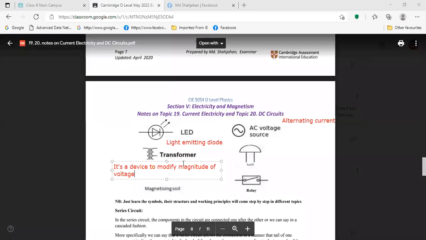That time we need to make the voltage bigger, because grid lines are a long distance, and to transfer electricity in these grid lines we need to have higher voltage, otherwise there will be power loss, energy loss.